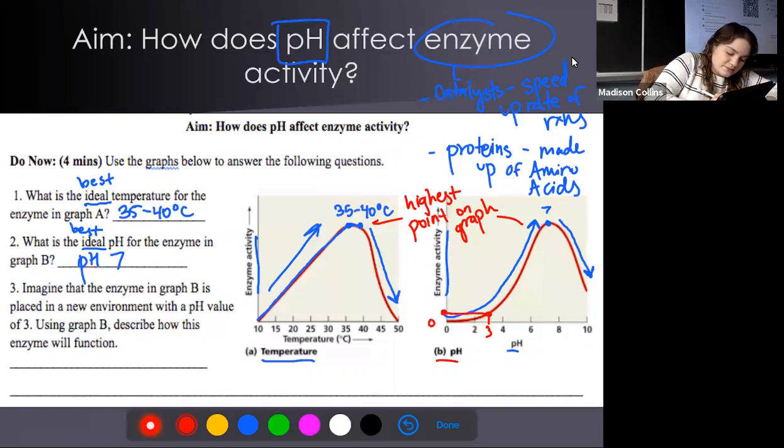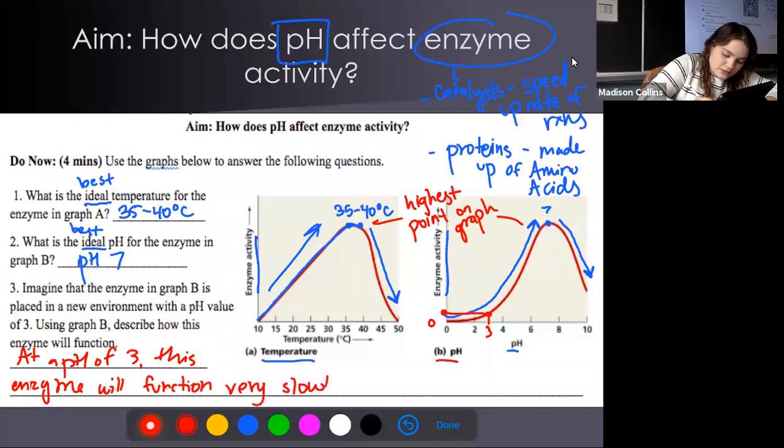Okay, so this enzyme at a pH of 3 will function very slowly. Enzyme B works best at a pH of 7, and it will not work as well at a pH of 3.